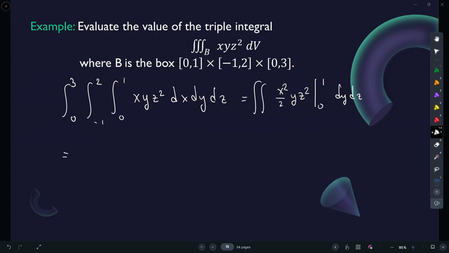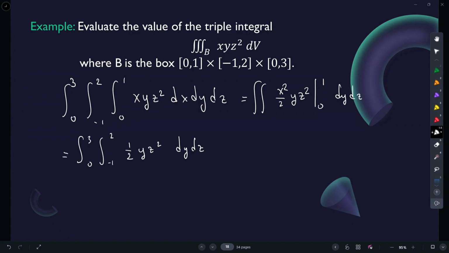At 1, I get a half, and at 0, I get 0. So this will be the integral from 0 to 3, from -1 to 2, of a half y z squared.